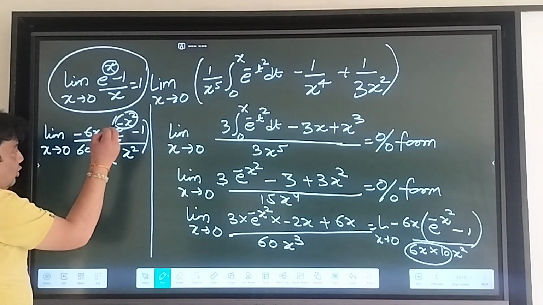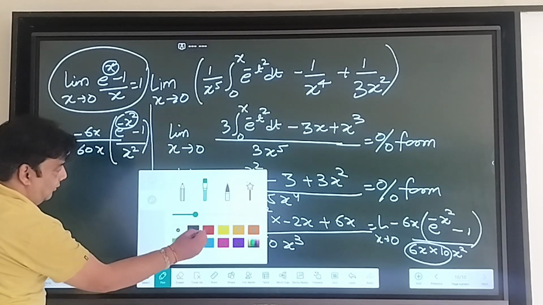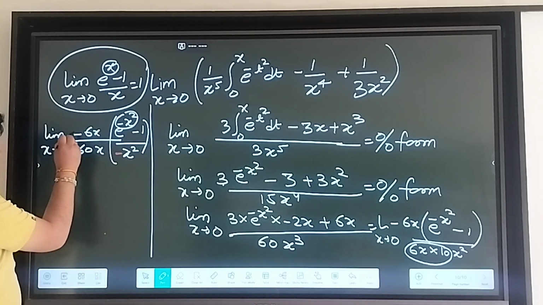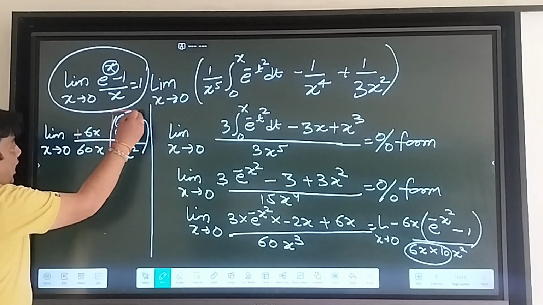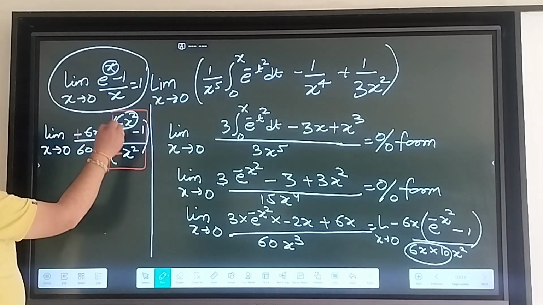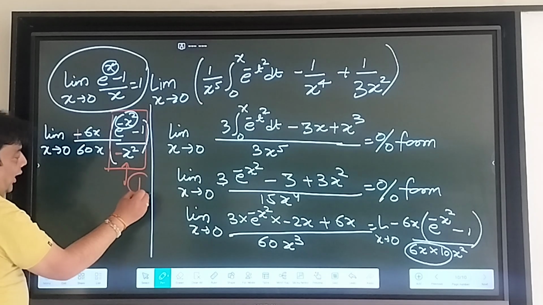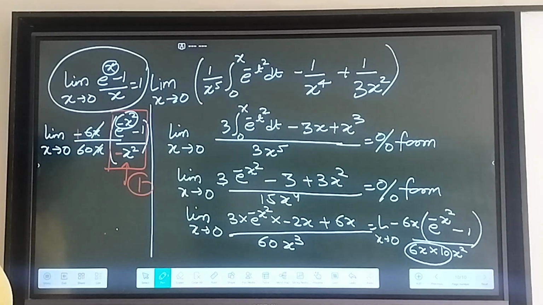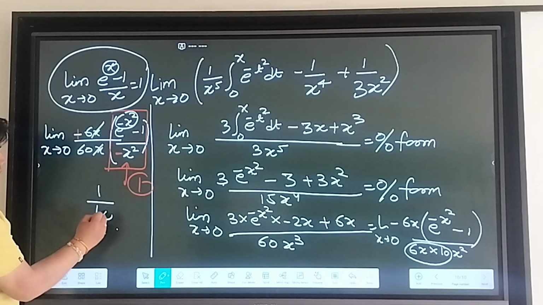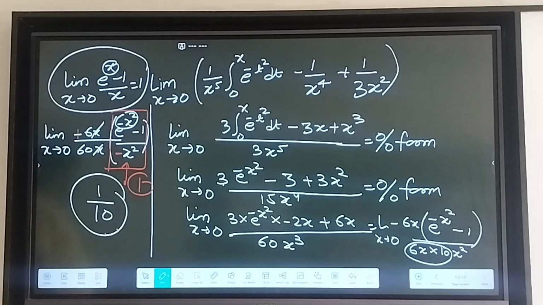Minus x square is here, so you should have minus x square here. So here one more minus, so it would become plus. So now you can apply this particular formula and this directly becomes 1. Now when it becomes 1 and this x and x get cancelled, 6 by 10 would become 1 by 10. So the answer to this question is 1 by 10.